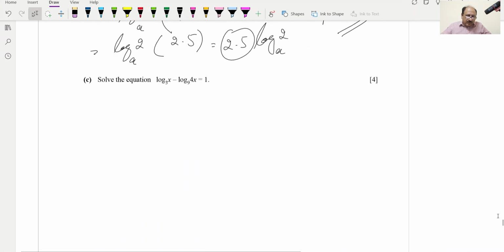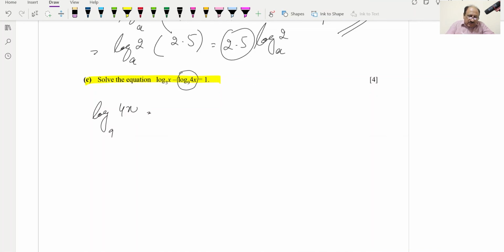And part C says solve the equation. This equation we have to solve. So we can rewrite the equation, and we need to change the base because the bases are different. So log with base 9 of 4x, we can change the base because we require log base 3.